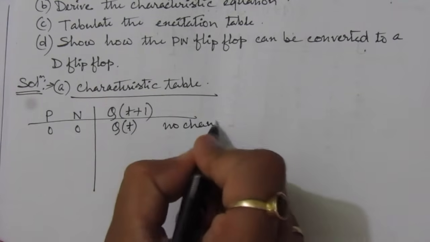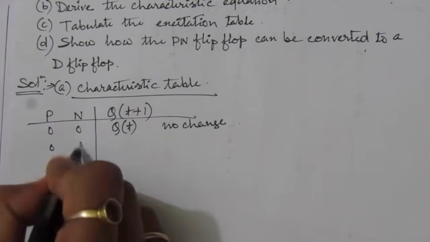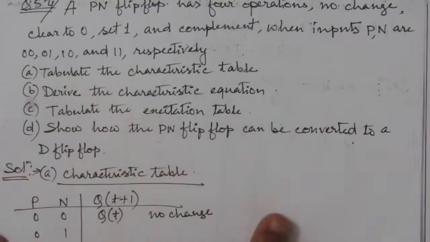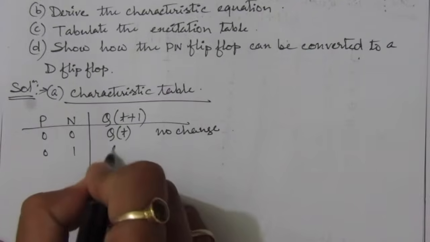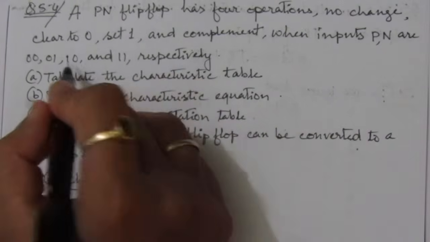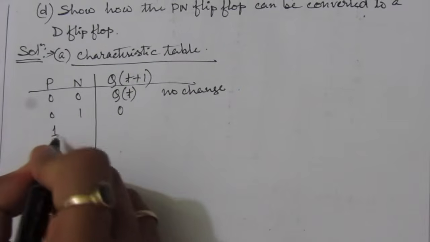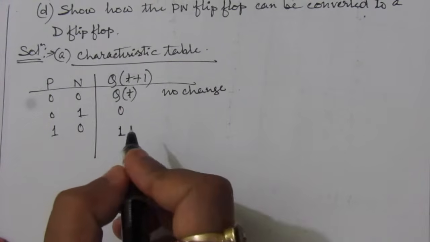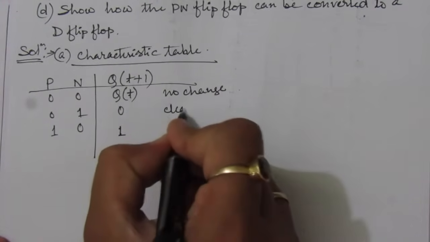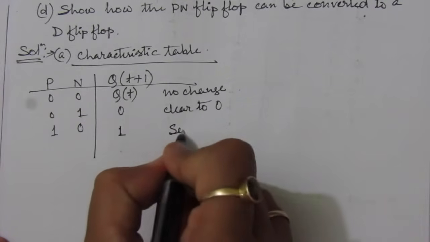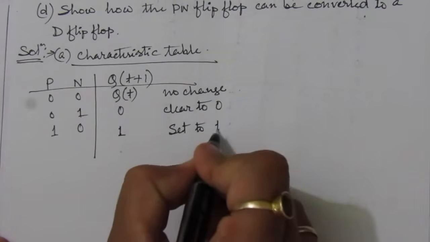Next we have 0 1. For 0 1 it is clear to 0, that is the output will be 0. Then for 1 0 we have set to 1, so the output will be 1.